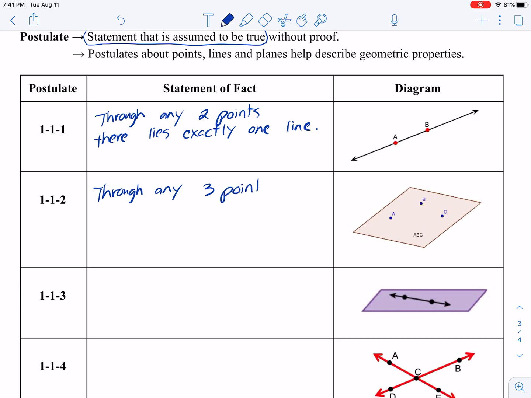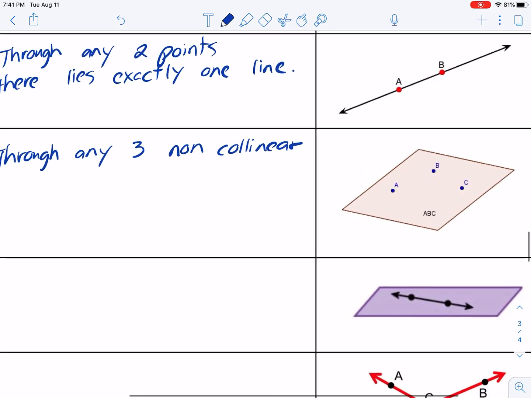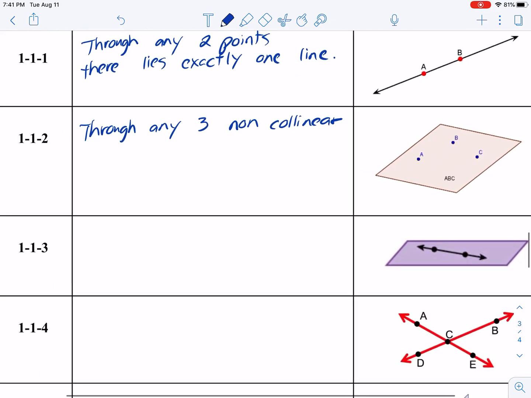Remember, non-collinear points do not lie on the same line, like points A, B, and C here. They aren't collinear. They're not lying on the same line. Through any 3 non-collinear points, there lies exactly 1 plane.